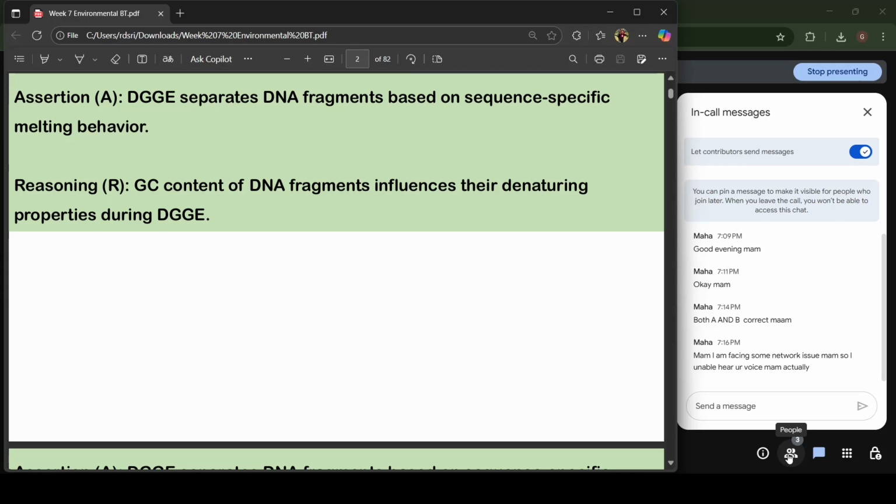Is my voice clear now? Okay, I'll anyways give the explanation and then move to the next question. Whenever you find the next question, you can answer it in the chat box.